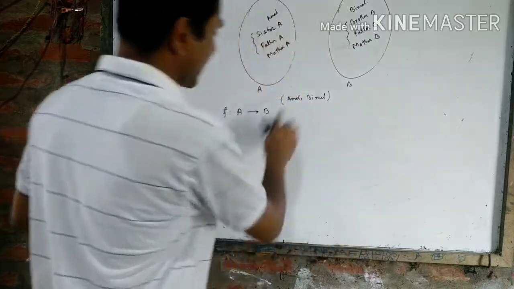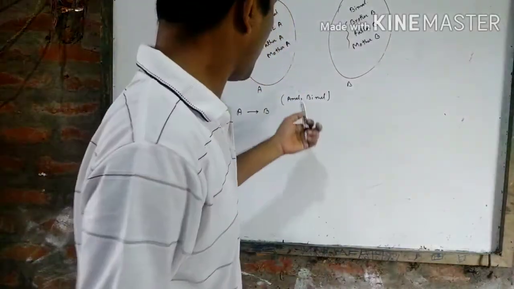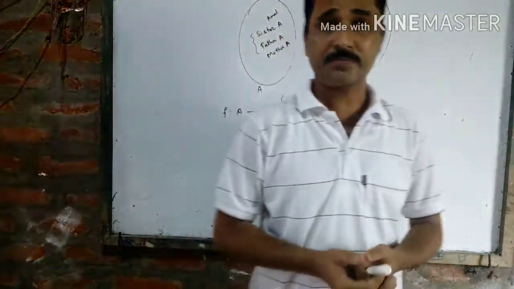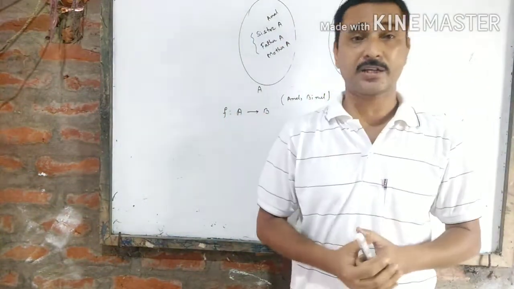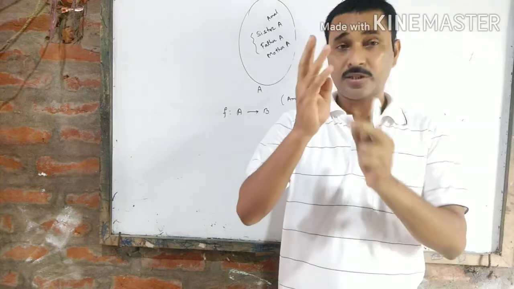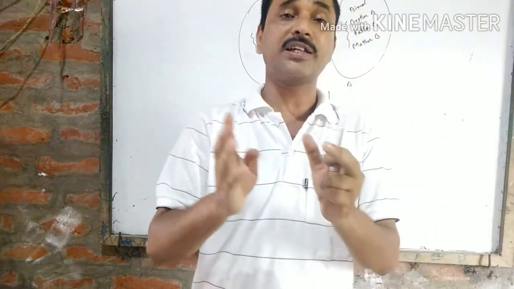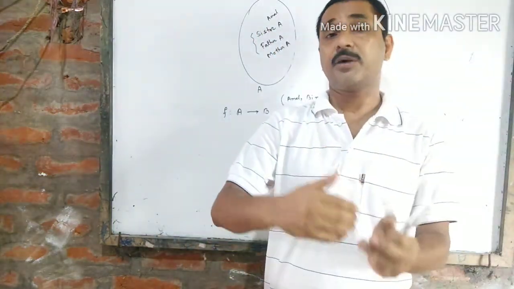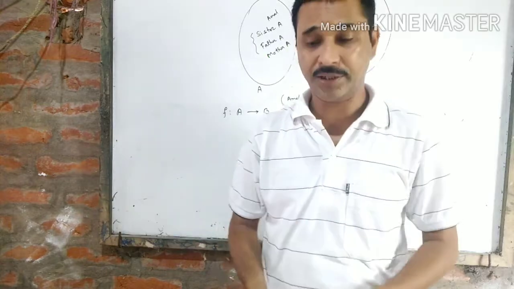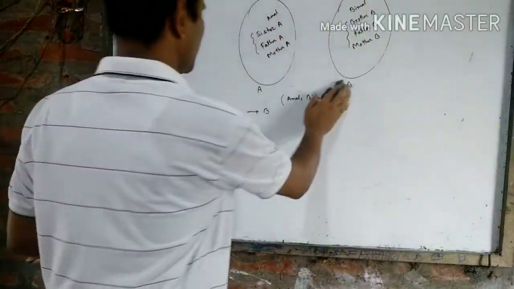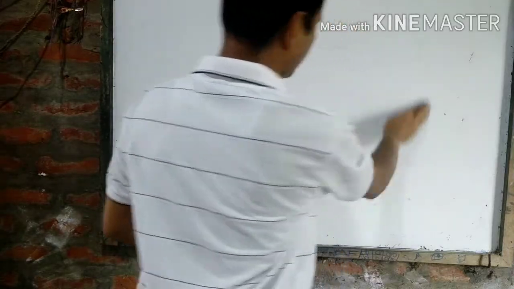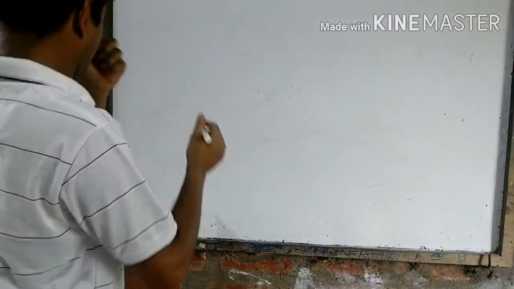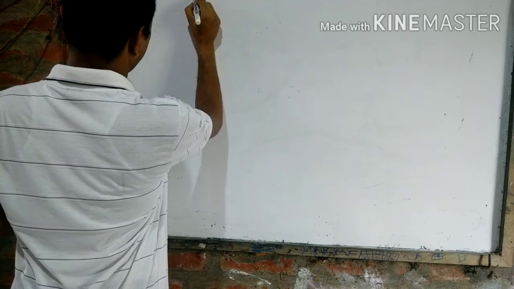Next, such type of ordered pairs. Where do we find such type of ordered pairs? We know such type of ordered pairs belongs to the Cartesian product A cross B. So, considering all these points, now we can define a relation from a set A to a set B. So, what will be the definition?